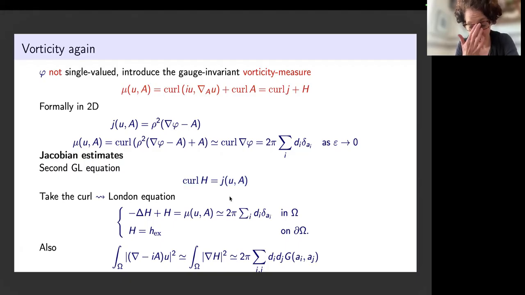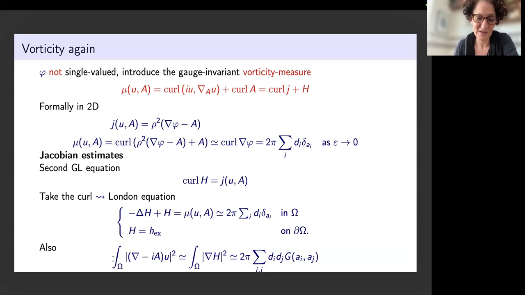And if you take the curl of that equation, you find an interesting linear elliptic equation, which tells you that minus Laplacian of the magnetic field plus the magnetic field is equal to the vorticity, because mu is the curl of J. So in fact, there is just a direct linear relation between vorticity and magnetic field.